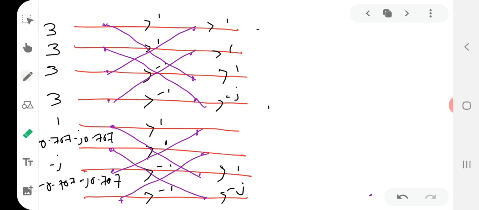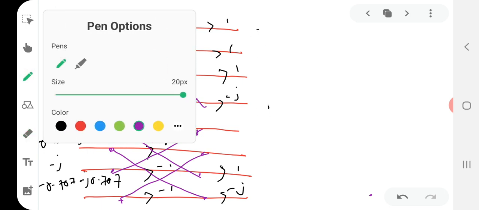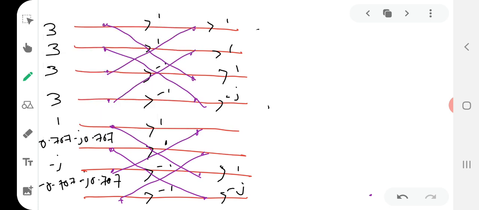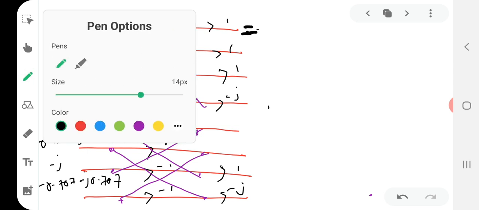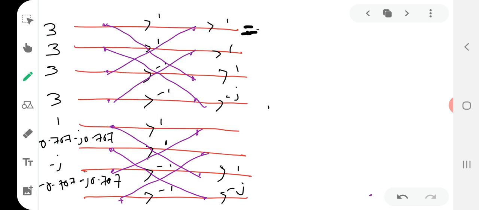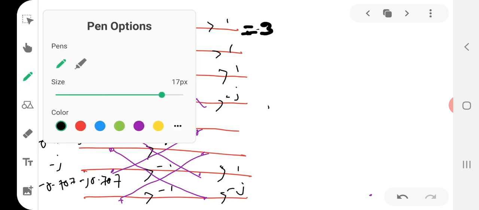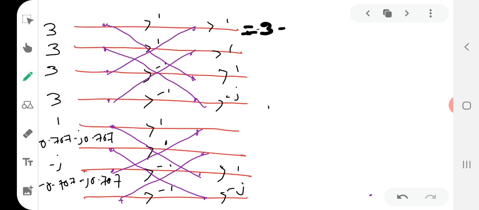Okay, and here what will it come? Here this will be equal to, what is the value here? Three into 1, that is 3 plus, and this value here will be 3, that is equal to 6.